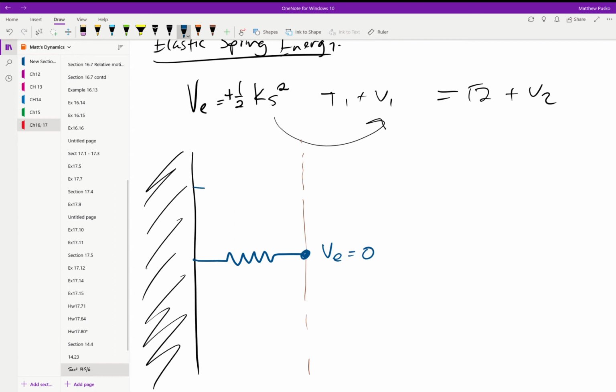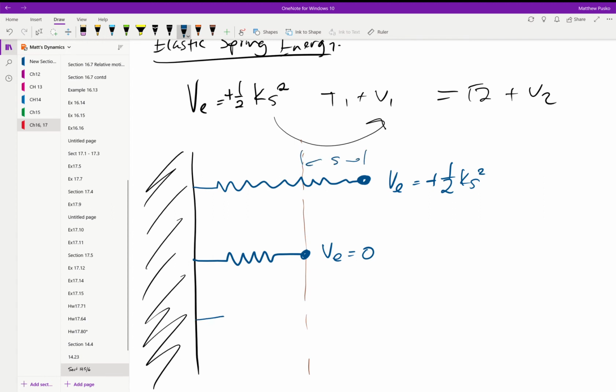Now, if I were to elongate that spring from its unstretched position, we would get a potential equal to, positive, don't have to worry about the minus sign, 1/2 ks squared, where this is s.